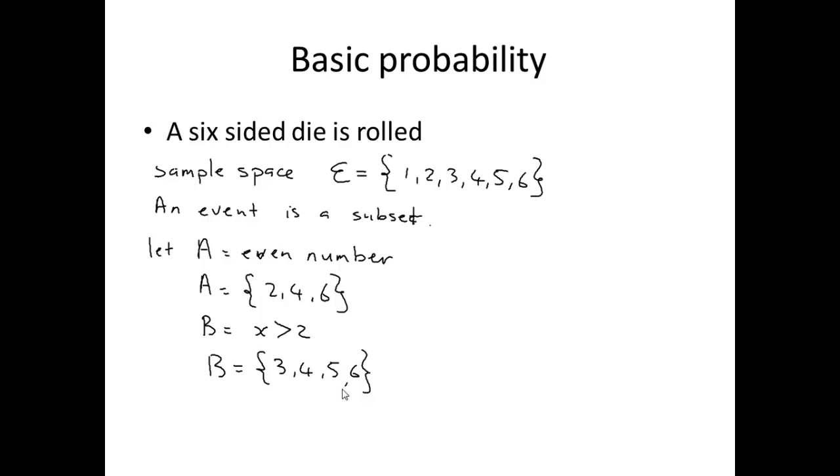What sorts of things do we know about? We know about the union. The union means everything which is in both sets.